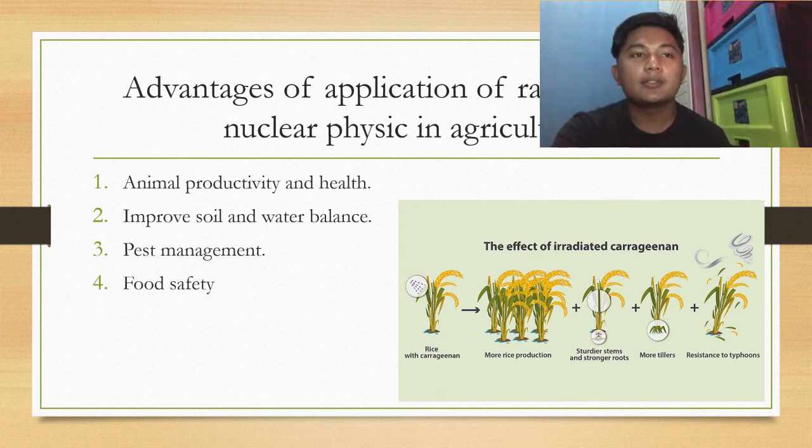Nuclear techniques are now used in many countries to help maintain healthy soil and water systems, which are paramount in ensuring food security for the growing global population. The third one is pest management.